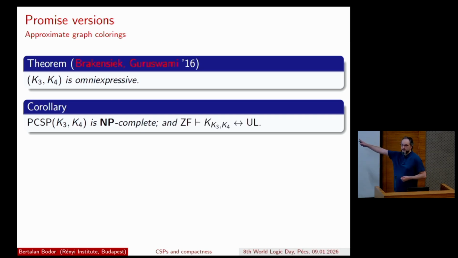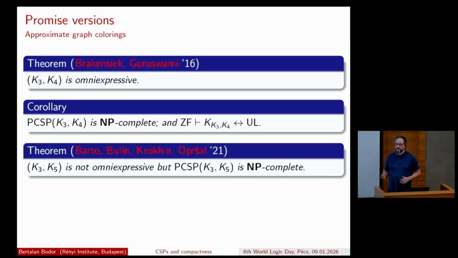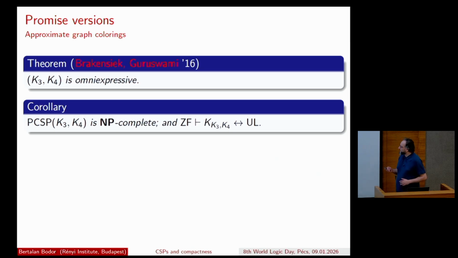But we also have this conclusion for compactness principles, which I think is quite fun. This is basically saying that if we happen to live in a universe where every graph which is finitely 3 colorable is 4 colorable, then actually all those graphs can be colored by 3 colors. So somehow, by some magic, we can just remove 1 color.